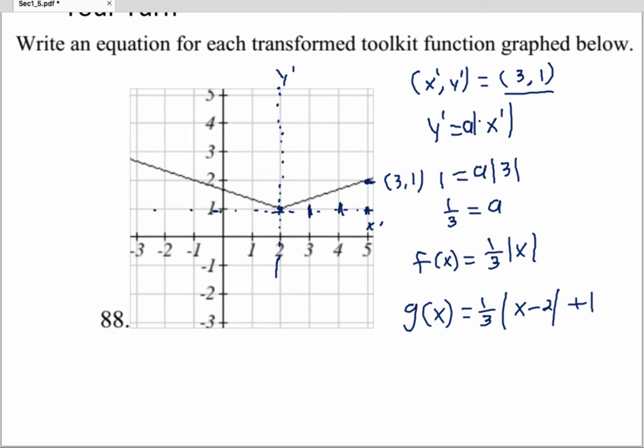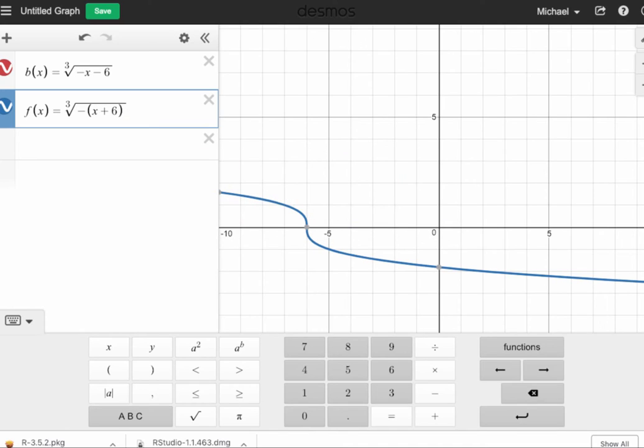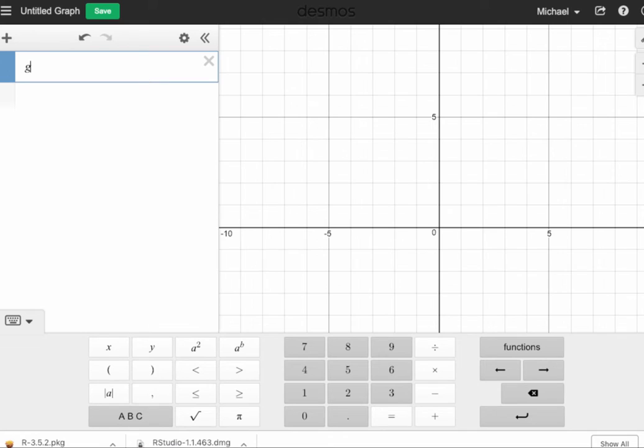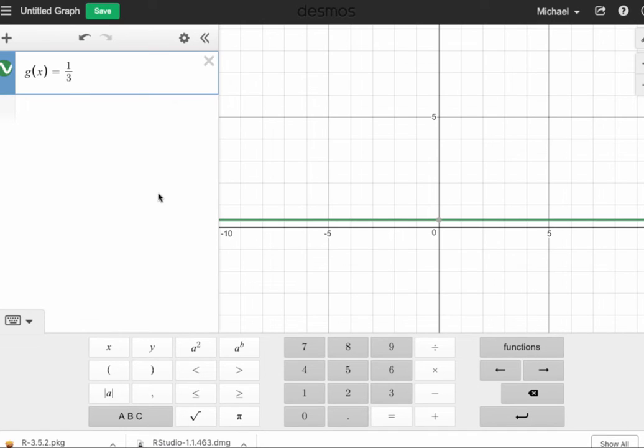Okay, now don't trust me that I got it right. What we're going to do is go back over into Desmos here real quick, and we're going to graph it and see whether or not that actually turns out to be true. So g of x is equal to 1 divided by 3, absolute, oops, my bad. Get out of that fraction first.